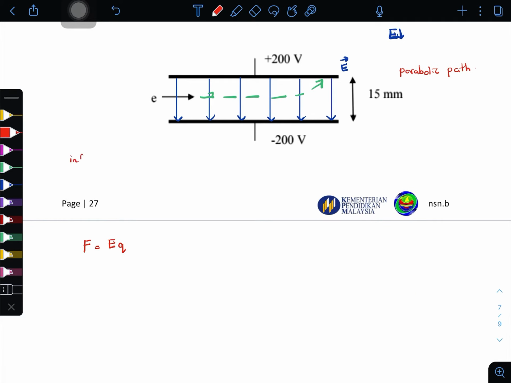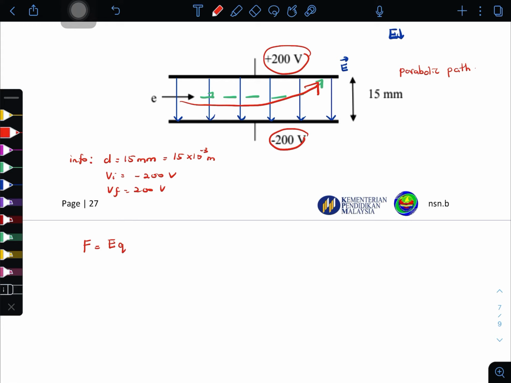So, info kita hanya ada D 15 mm ataupun 15 exponent negative 3 meter, and we have V initial equals to negative 200 volt and V final is 200 volt. Kenapa initial yang bawah, final yang atas? Sebab dia bergerak dari sini pergi ke sini. So dia macam ini. Alright, and itu sahaja yang kita ada.